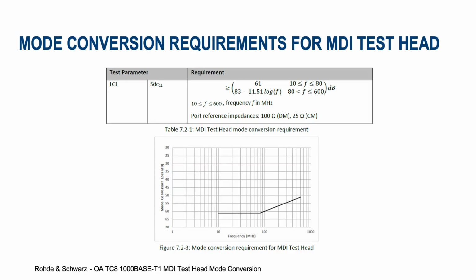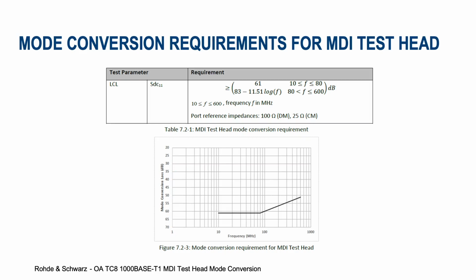Can you comment on that? Has something changed in the limit lines? Yes, the lower frequency value relaxed from 69 dB to 61 dB. So it's a little bit easier now to pass the test for the fixture balance.